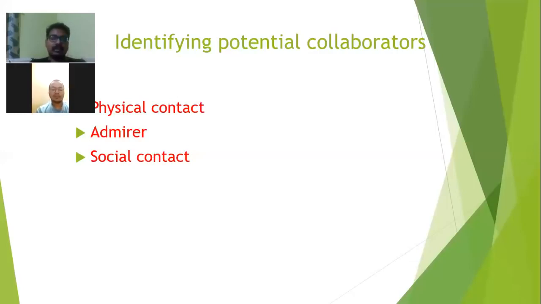Or it can be vice versa, right? So you should always be very specific about the help that you want from him. At least when you are introducing yourself to that person, you have to be very specific: this I am doing, and please help me in this area. And if you explain the problem very well, obviously he or she will agree to work with you.